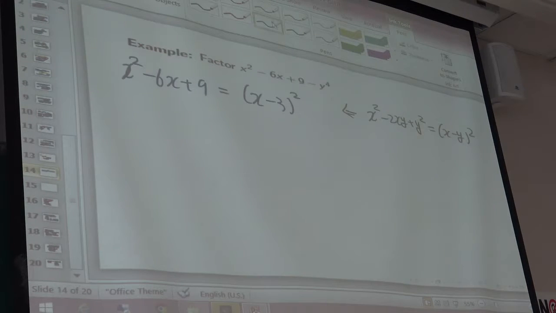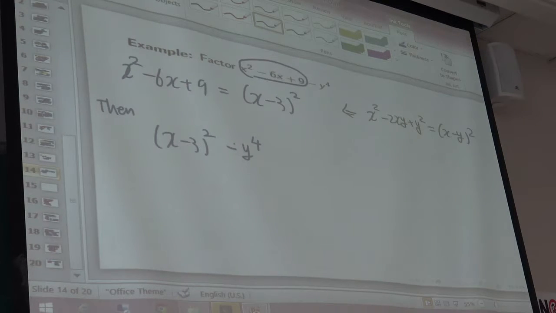Now let's think about the original one. The first three terms can be rewritten as x minus 3 squared. So we have x minus 3 squared minus y to the 4th. Just imagine that instead of three terms, we have only two terms.